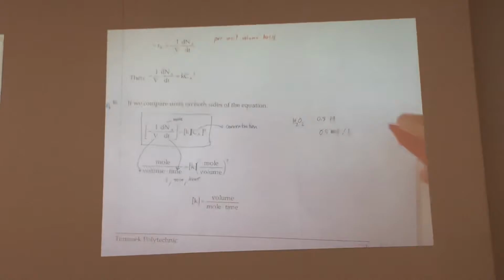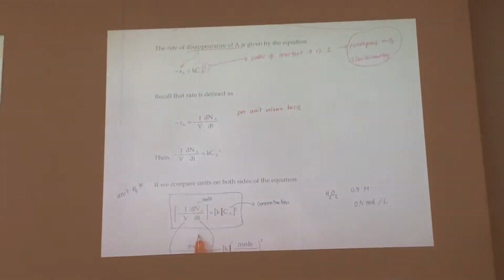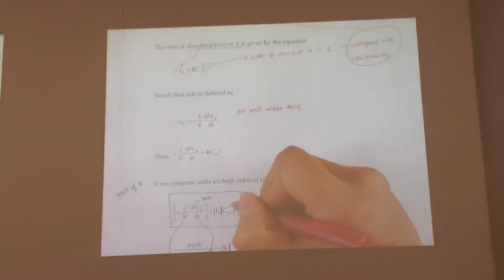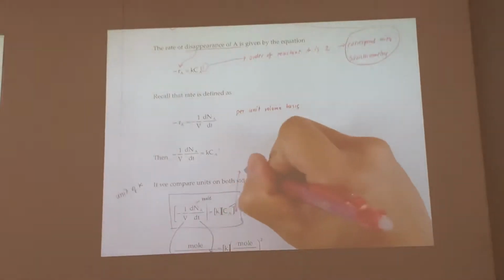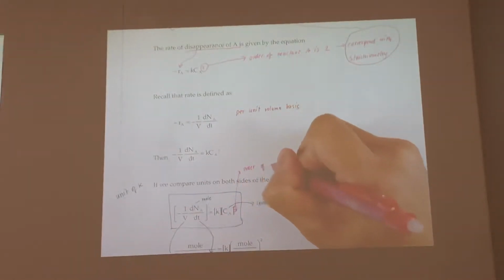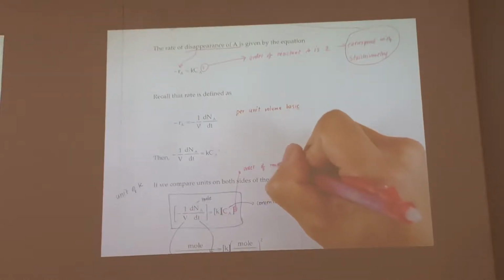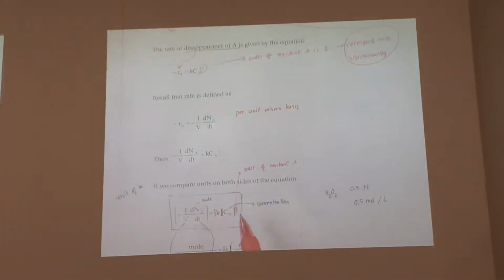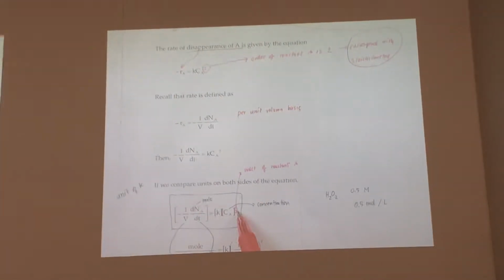Because if you look at this, our main equation, number 2 here is actually the order of reaction, the order of reactant A. In this equation, this portion will remain the same, and the concentration also stays the same.